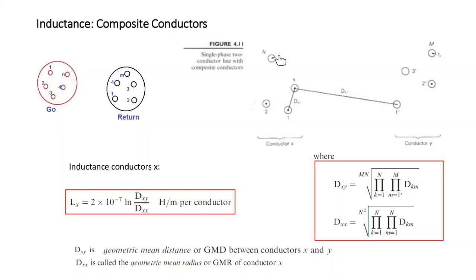This is n squared, so you calculate how many conductors there are. Therefore, you need to multiply the distances 1 to 1 prime, 1 to 2 prime, and so on. These are the distances you will draw: from each conductor you will draw a line, and so on.